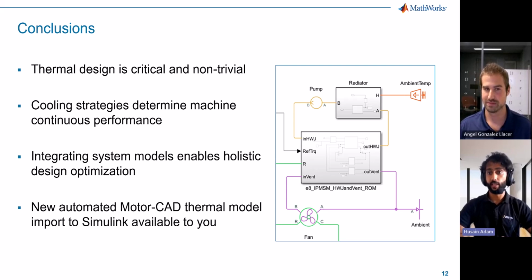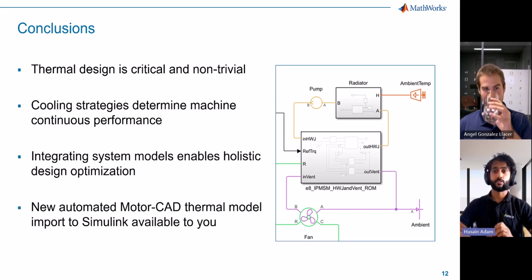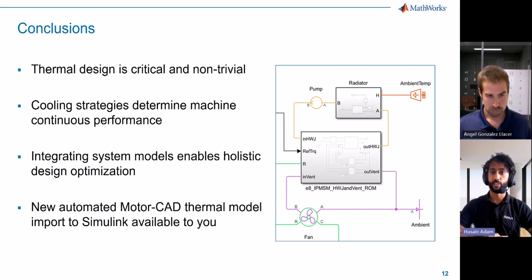It needs to be done at the early stage alongside electromagnetic analysis and needs to be comprehensive. We've also shown how there are several different cooling strategies available depending on the parameters and the machine performance you are trying to extract. And overall, depending on the strategy you choose, the continuous performance of the machine will be determined.